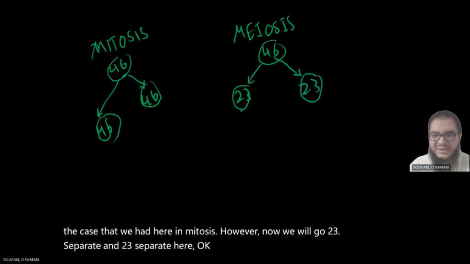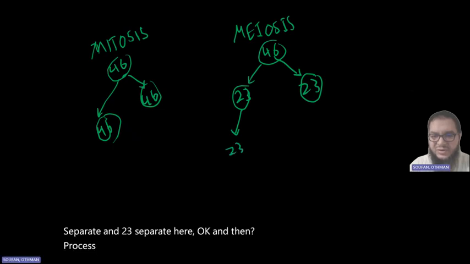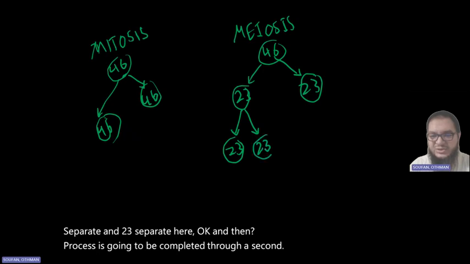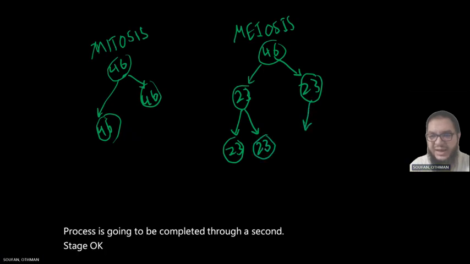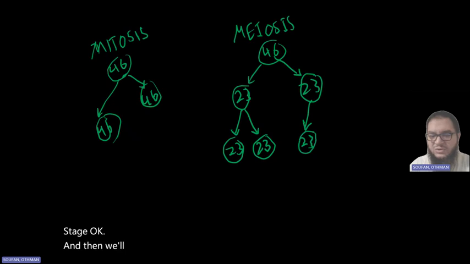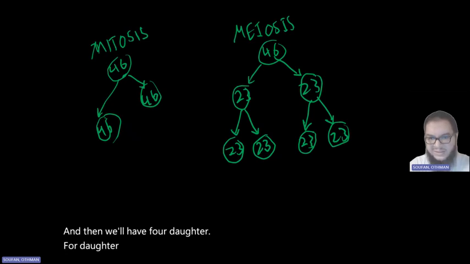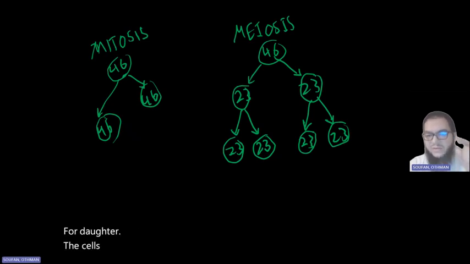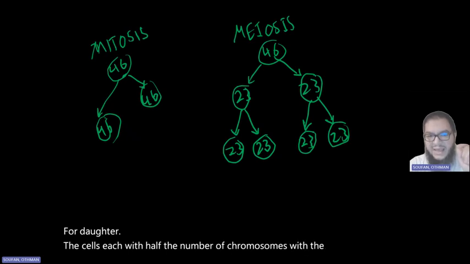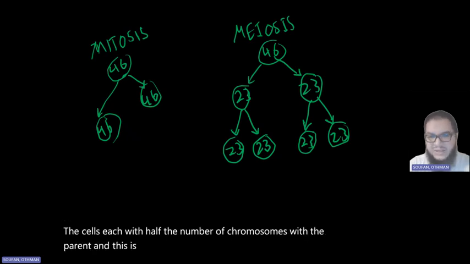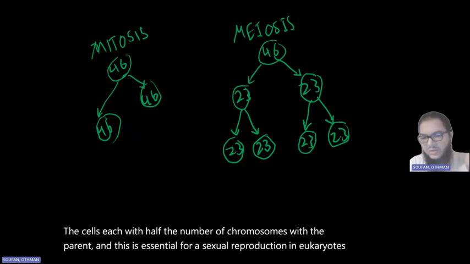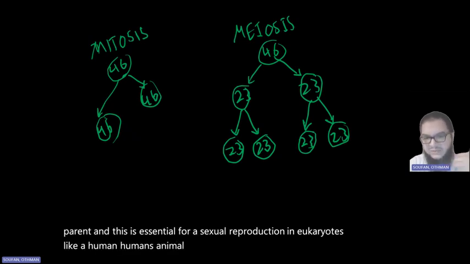And then the process is going to be completed through a second stage, and then we'll have 4 daughter cells, each with half the number of chromosomes of the parent. And this is essential for sexual reproduction in eukaryotes, like in humans, animals, plants, fungi, and so on and so forth.